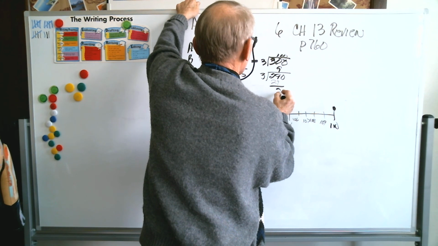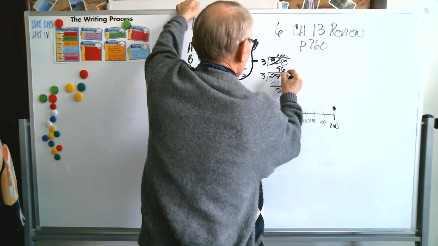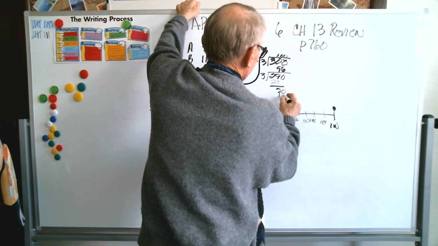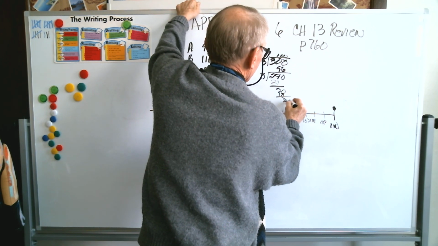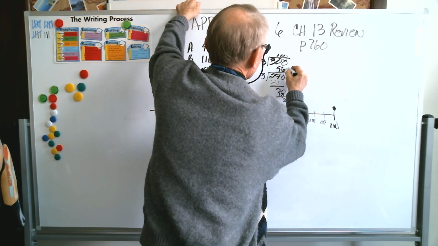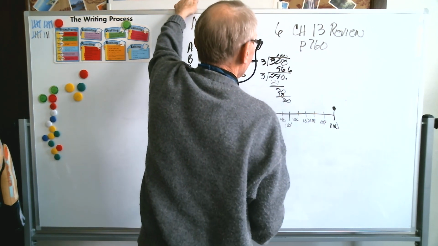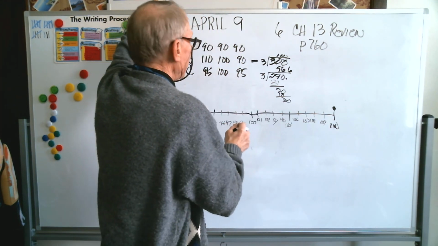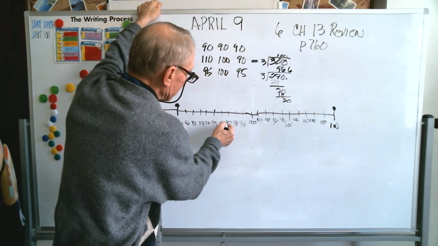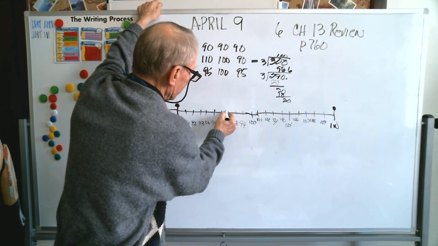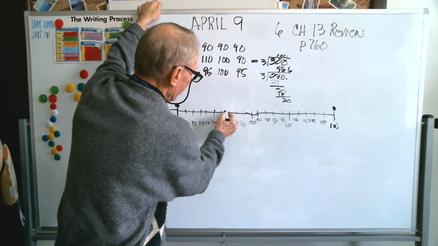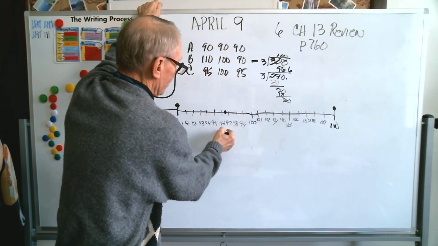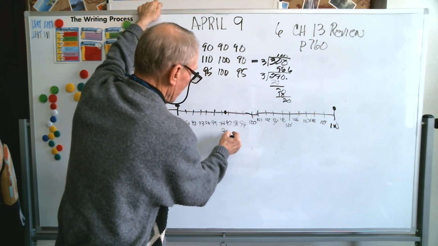So 3 goes into 20 6 times. 6 is 18. And we're back into 20, so 96.6. So the mean of C is going to be 96.6. All right. So we're going to make that 96.6.